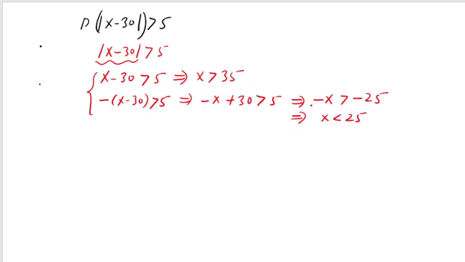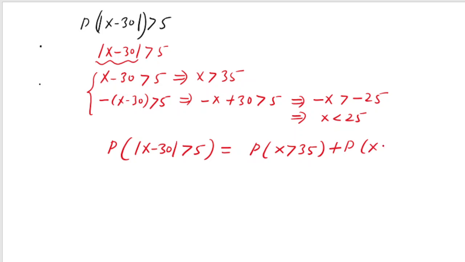I multiplied by minus in both sides, so the sign of inequality will change. So this expression is basically equivalent to: the probability of mod of x minus 30 greater than 5 is equal to the probability for x greater than 35, because in this case also this will be satisfied, plus probability for x less than 25.